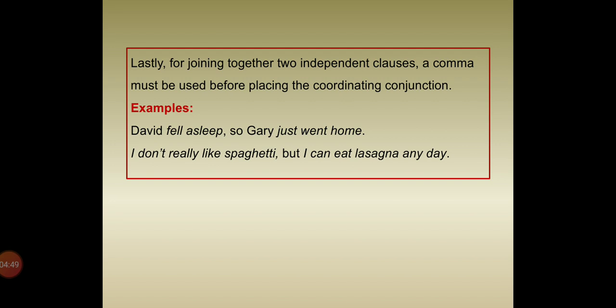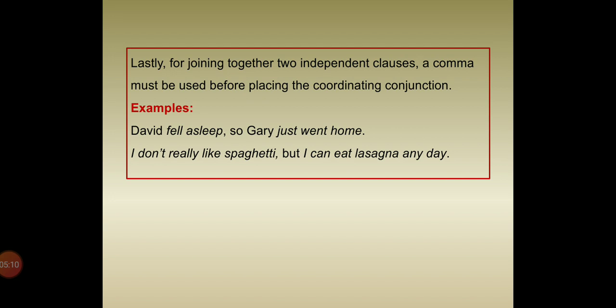Lastly, for joining together two independent clauses, a comma must be used before placing the coordinating conjunction. Keep this in your mind: when we have to join together two words, clauses, or phrases, we will not use any comma.